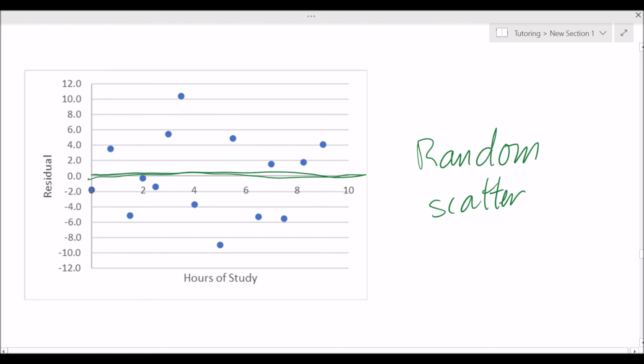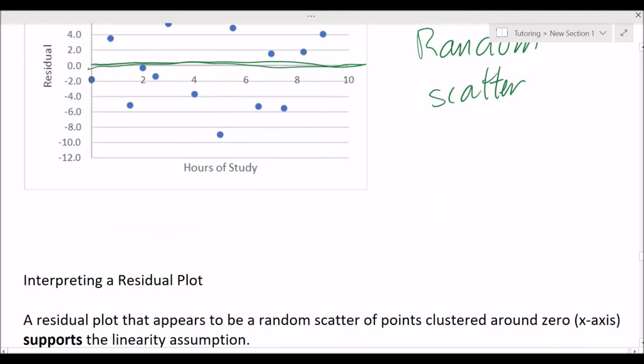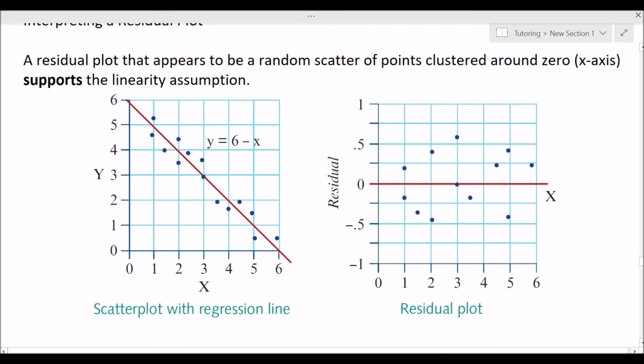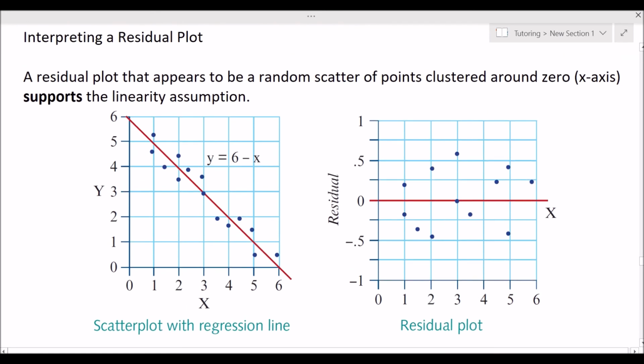Okay, so that's what it should look like. Because to interpret it, a random scatter of points clustered around that 0 line, the 0 x-axis line, would support the assumption that it is a linear model.